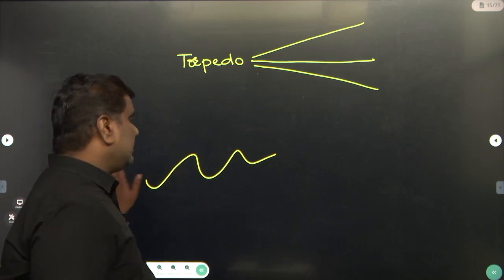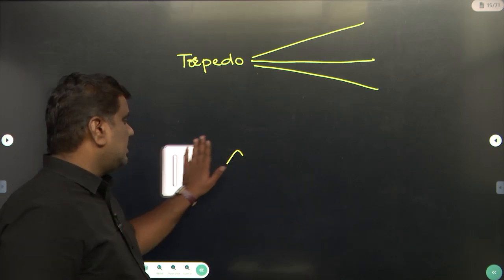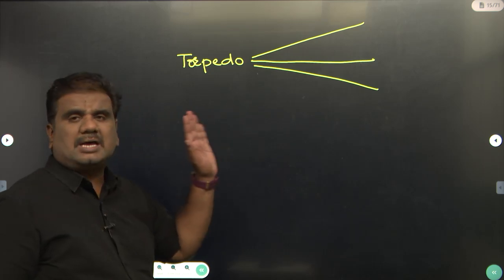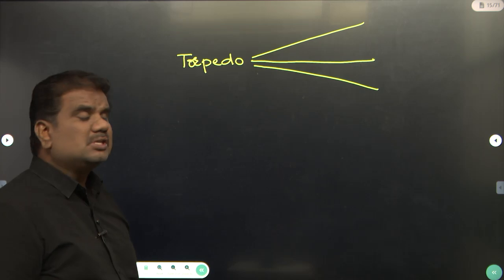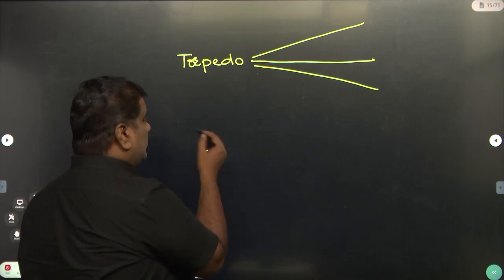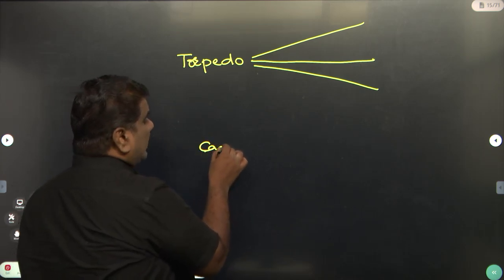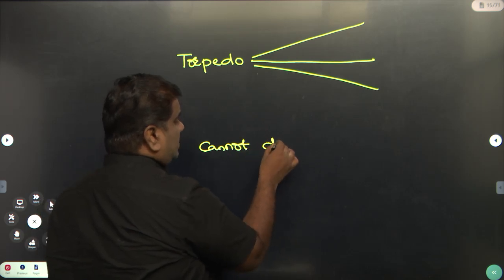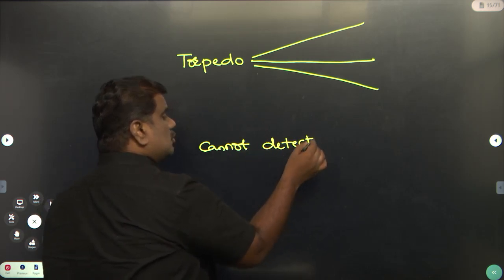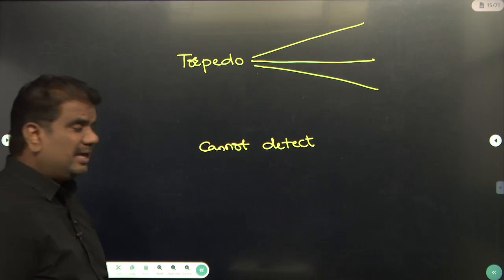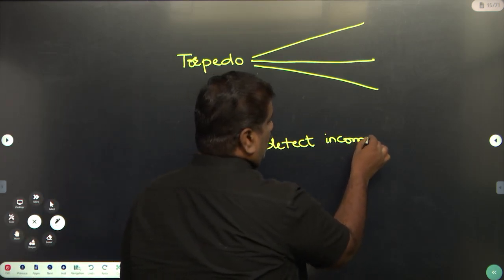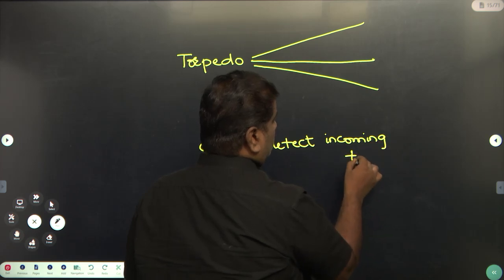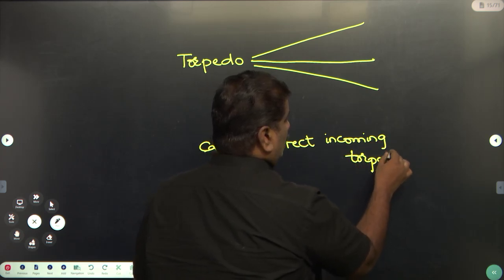Whether they are traveling in an inclined path or a straight line path, they always had only a straight line path. At the same time, the earlier torpedoes cannot detect incoming torpedoes.